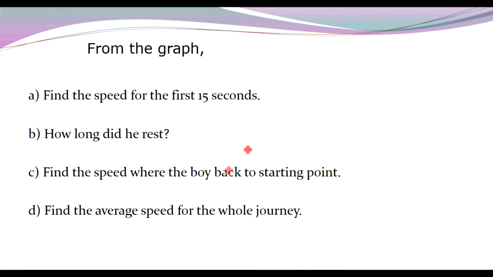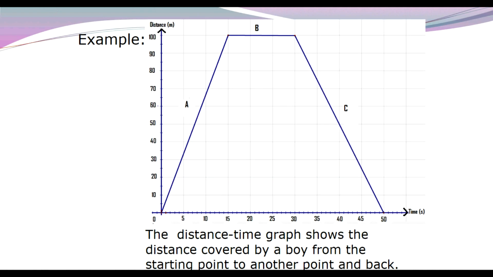Question D. Find the average speed for the whole journey. Remember the formula for average speed. Average speed is total distance over total time taken. Total distance: from this point to this point, you see the distance increases from 0 to 100, so this is 100 meter.